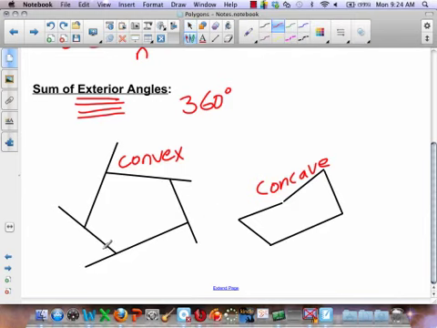The sum of all of those angles will add up to 360 for any convex polygon. Okay? And that's all you need to know for today. You need to know the formulas, and you need to know how to use them.